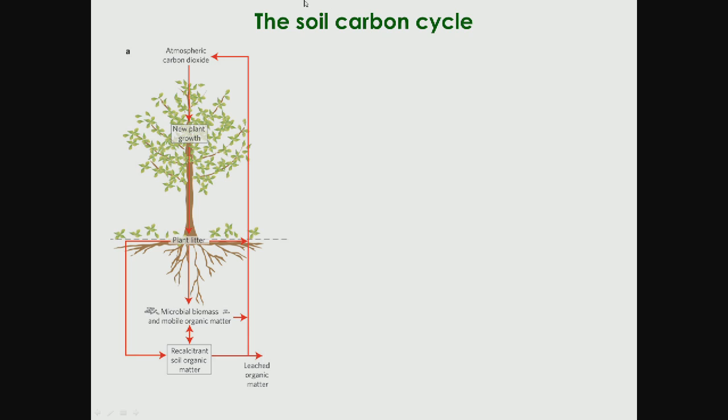We can look at this in a bit more detail in this diagram here. I probably should have called this the plant-soil carbon cycle rather than just the soil carbon cycle, because obviously plants play a key role in this initial fixation process.